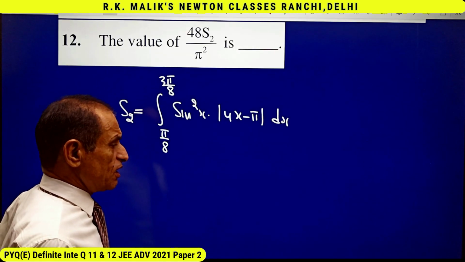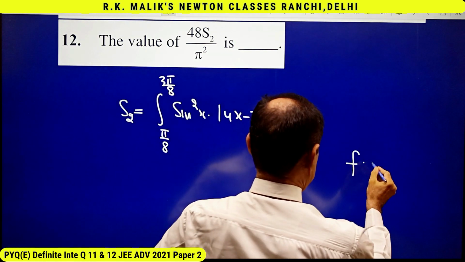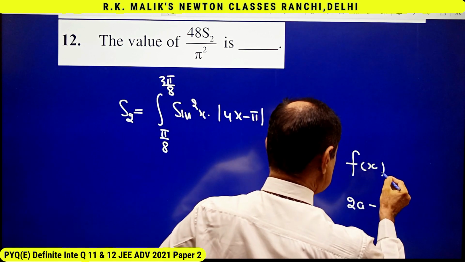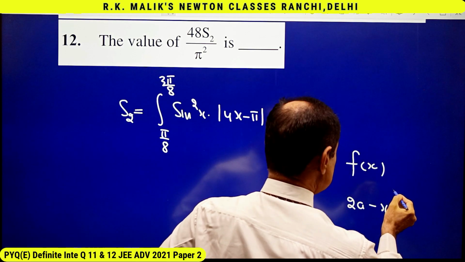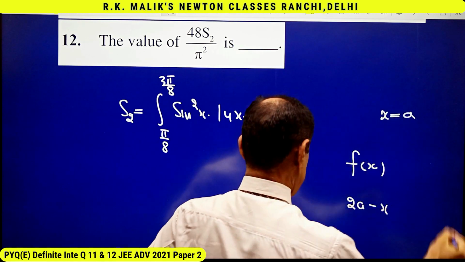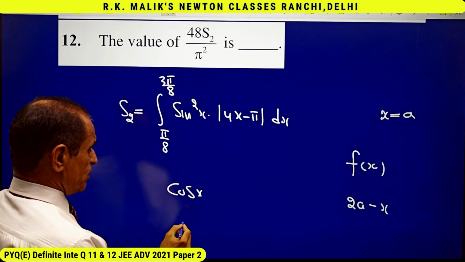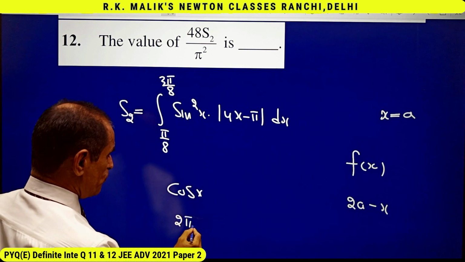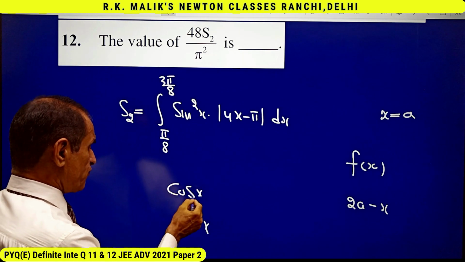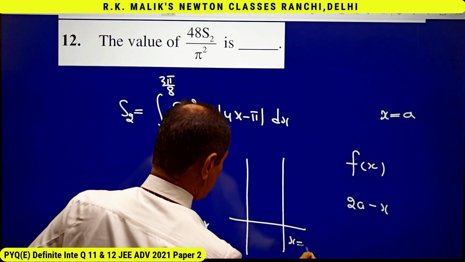Before I proceed further, I will say remember this concept: if in some function f(x), by writing 2a minus x for x, the equation remains unchanged, it means the graph of f(x) will be symmetrical about x equal to a. For example, in the function cos x, if I write 2 pi minus x for x, it remains unchanged. Therefore, the graph of cos x will be symmetrical about x equal to pi.